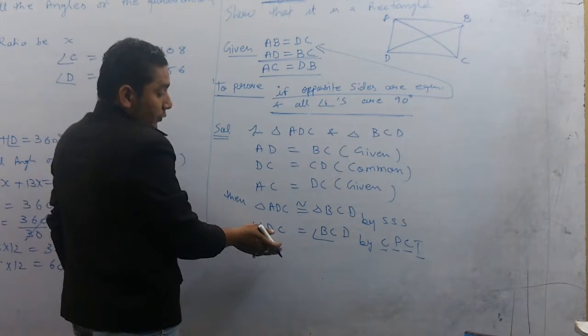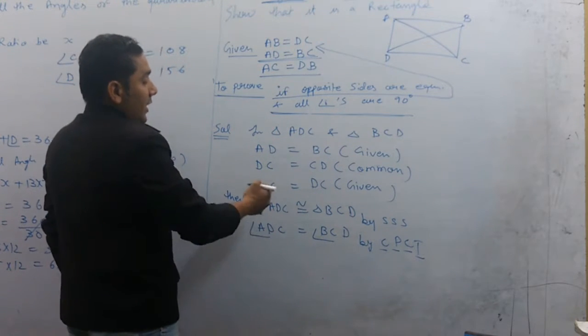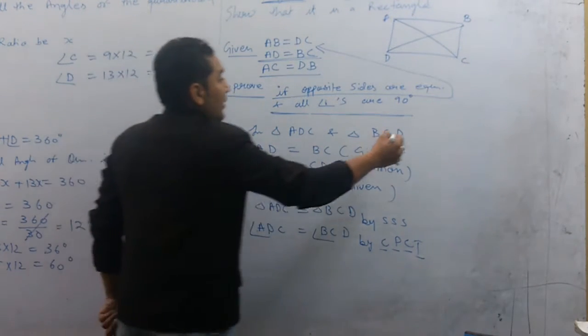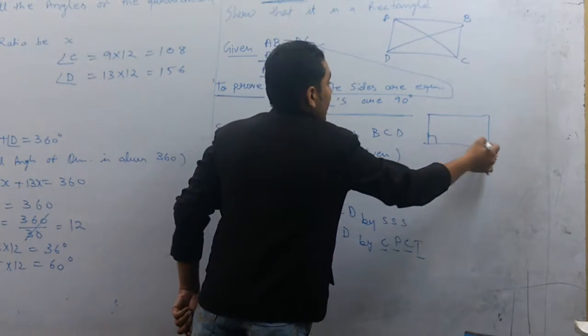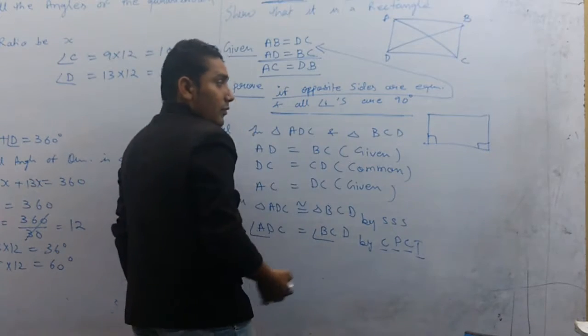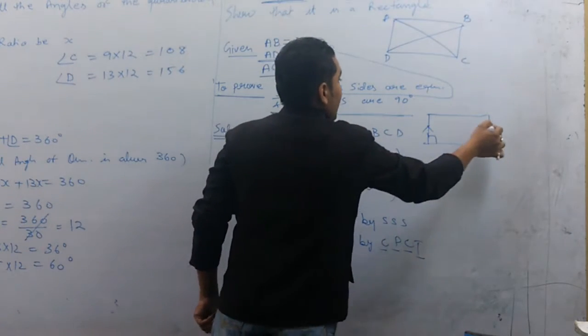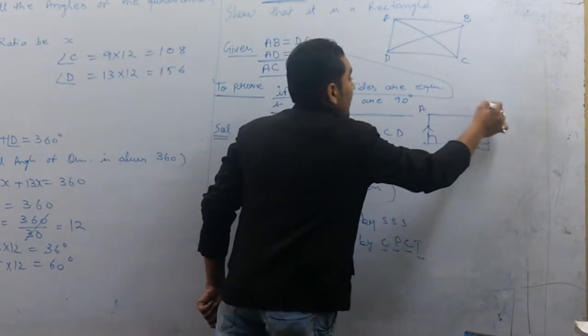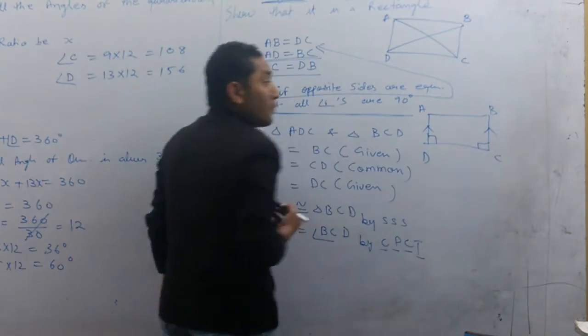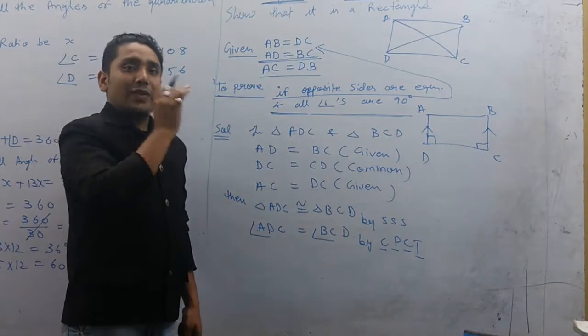So we have proved that angle ADC is equal to angle BCD. This angle is equal to this, and this line is parallel to this because ABCD is a parallelogram. It is given.